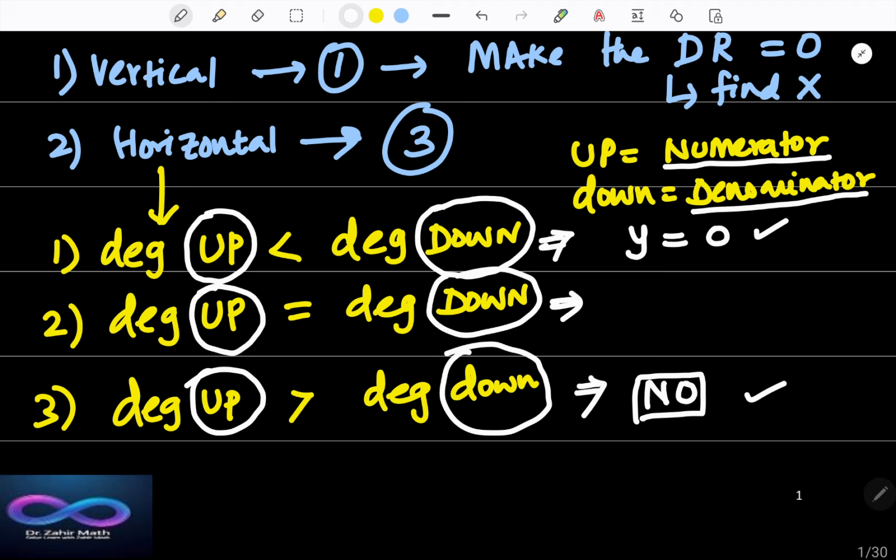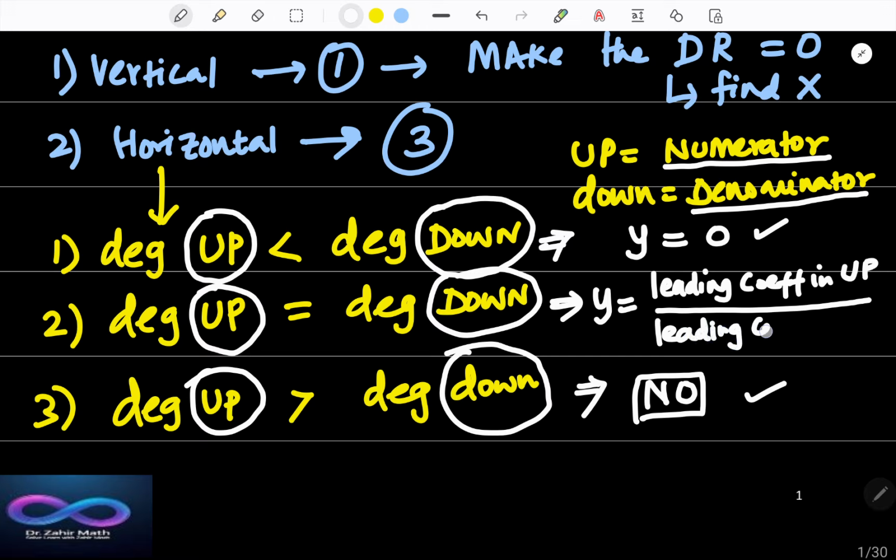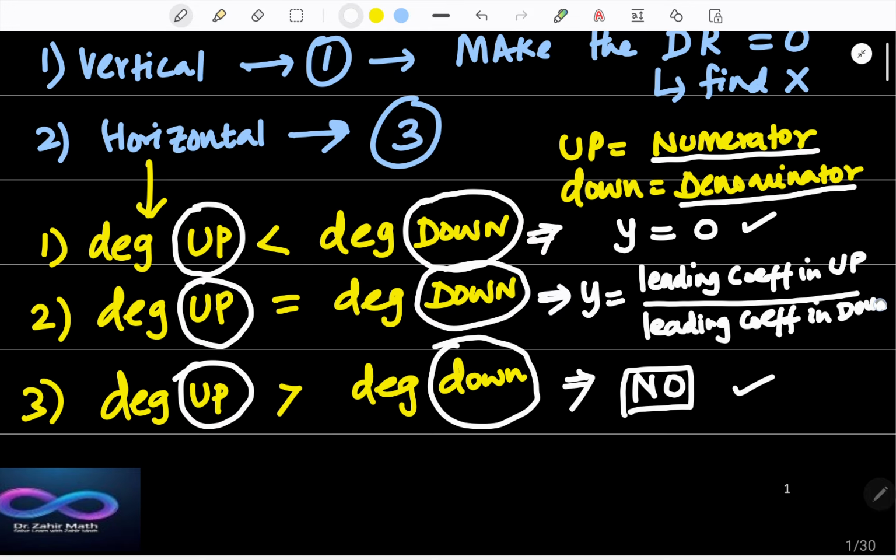Suppose the degree is equal in the numerator and denominator. You're going to use one rule: y is equal to the leading coefficient in the up, divided by the leading coefficient in the denominator, that is down. What do you mean by leading coefficient?